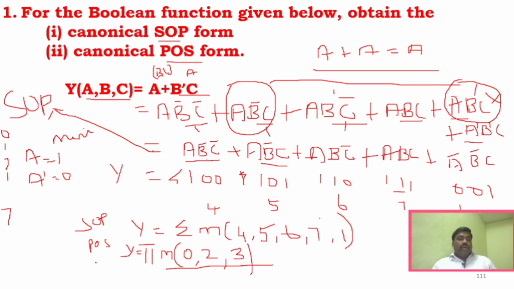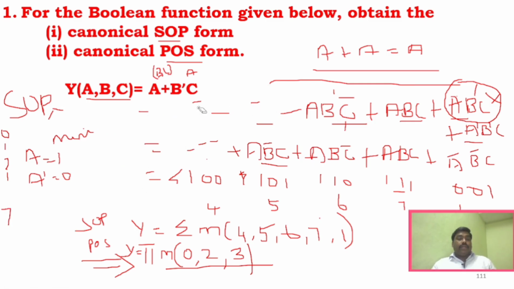We know that this is the POS form, but how will I write the expression for this POS canonical form? I'll just erase this part.